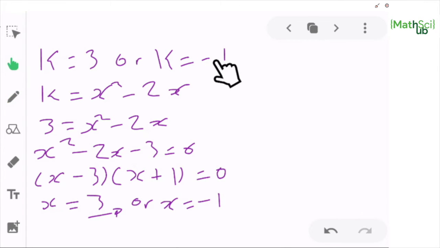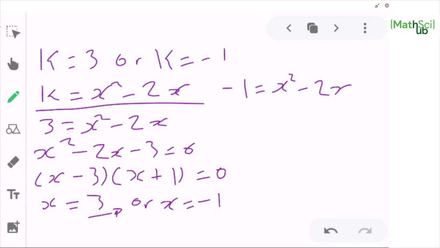Now let's substitute again the minus 1 from our original equation, meaning we're going to have minus 1 equals x squared minus 2x. Let's get everything on one side. It's x squared minus 2x plus 1. Let's get our factors.